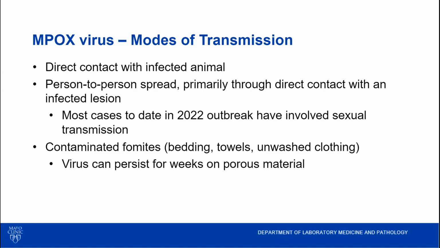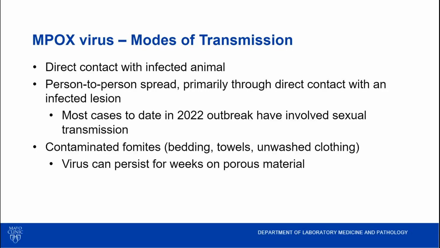So in terms of different modes of transmission of the virus, we already pointed out that in past outbreaks, it usually resulted from direct contact with an infected animal. In the continent of Africa, this is typically how an MPOX virus outbreak initiates: someone from a community comes in contact with an infected animal, and that can result in crossover into the human population and typically controlled or small levels of transmission within the community.